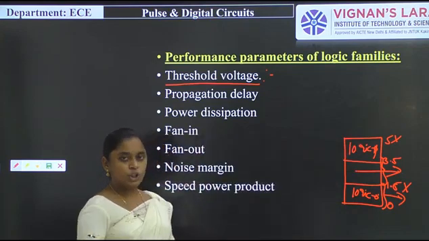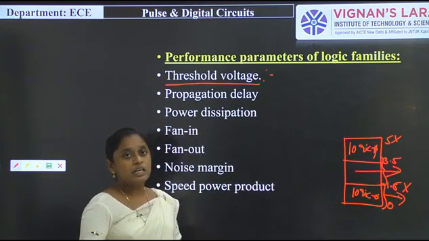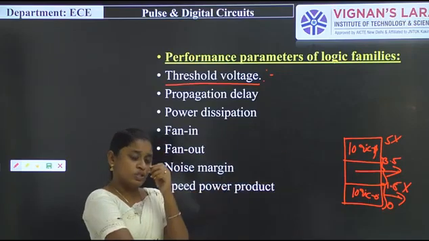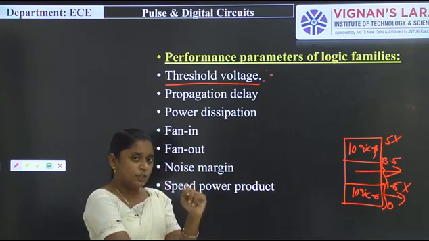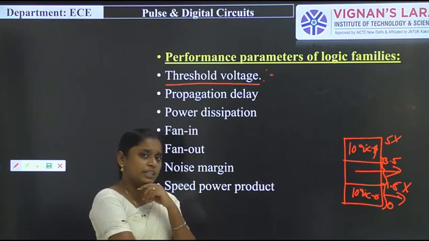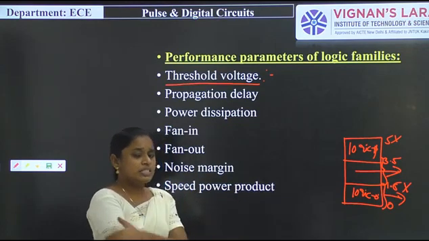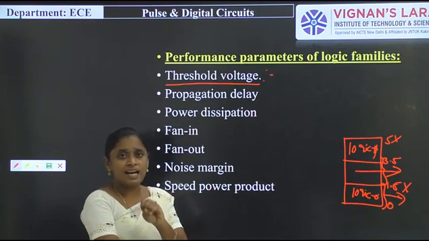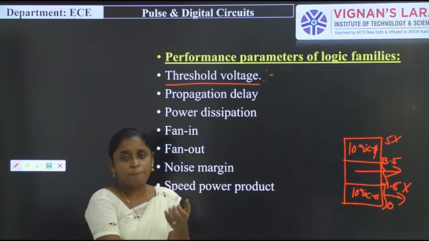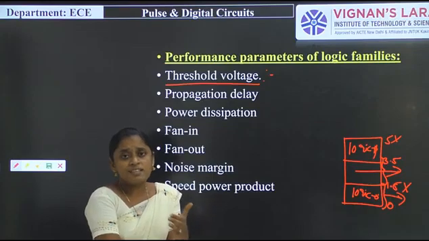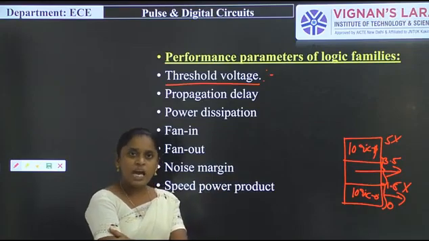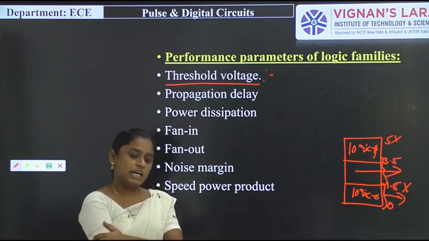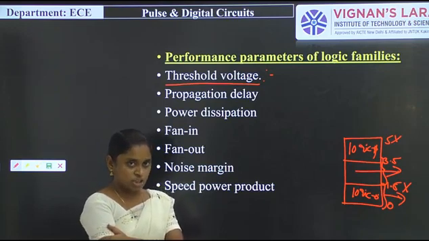What is the input voltage we have to apply for changing the output? Maybe I am applying 0 to 1.5 volts at the input level, it may change the output. So this level is known as the threshold level. Simply, it is the maximum input voltage applied at the input side which causes a change in the output. Maybe I am applying a voltage signal, it may affect the output of this particular condition. So this is known as threshold voltage.